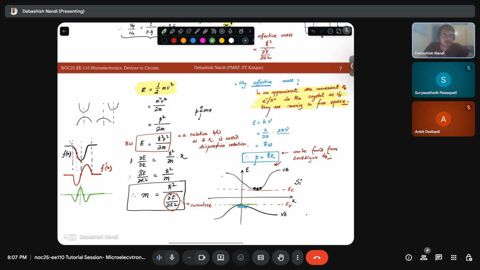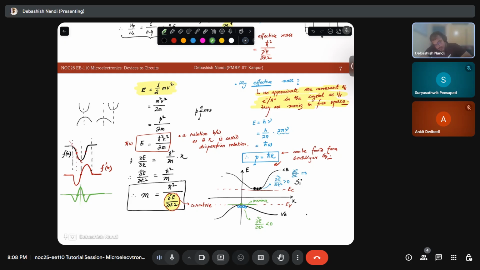That is the condition you use to find a minima. So this curvature denotes that only. Okay. For a minima, so this is a minima, your second derivative has to be greater than 0 and dE by dk has to be equal to 0. But in this case, your d2E by dk2 is less than 0 because this is a maxima.